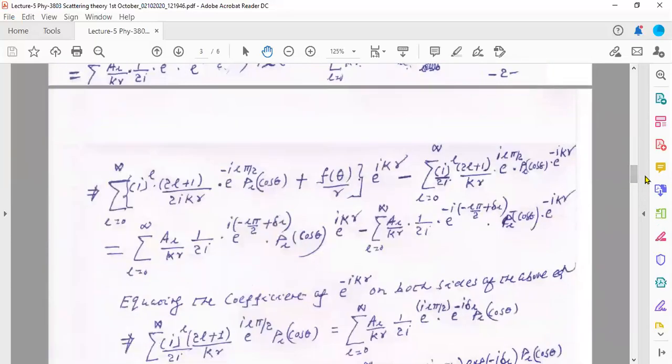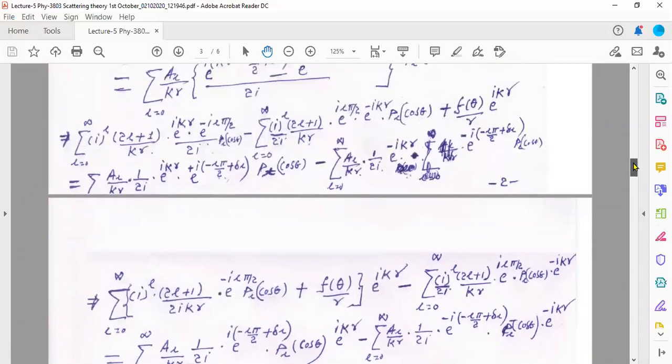There is a printing mistake, so you can put this curly bracket here, and you write f theta over r e to the power of ikr. Please verify this term. This is the term which is the coefficient of e to the power of ikr.